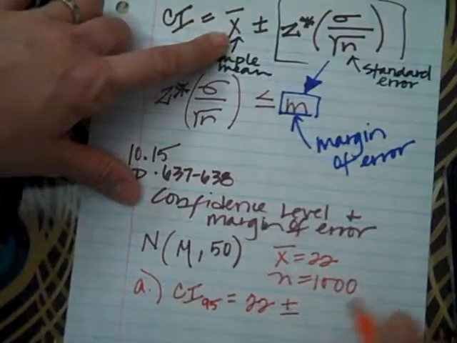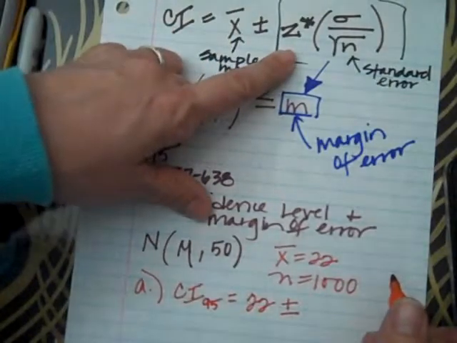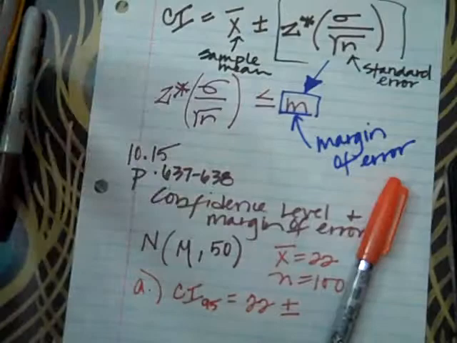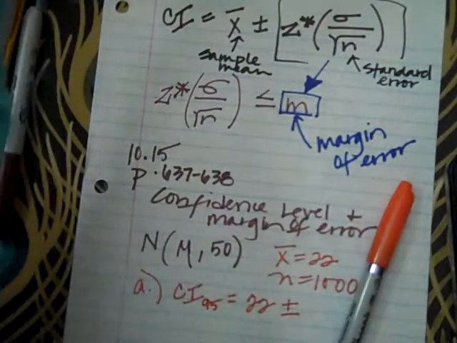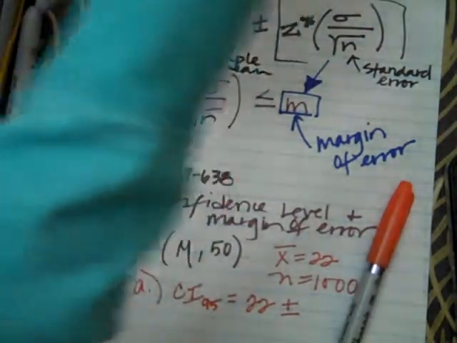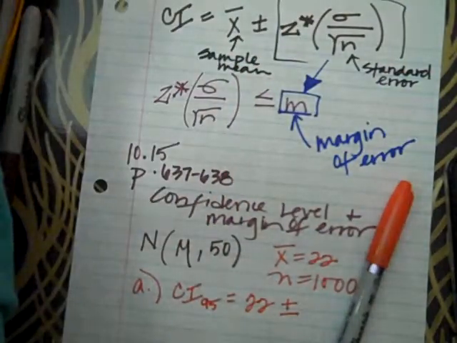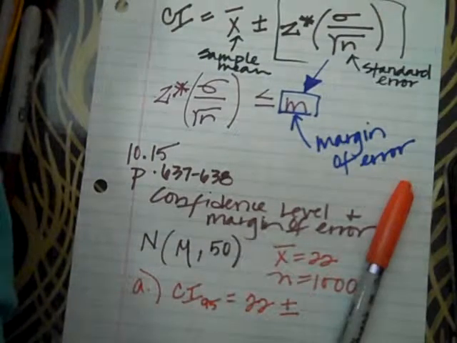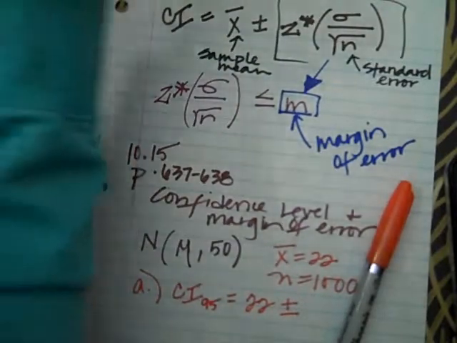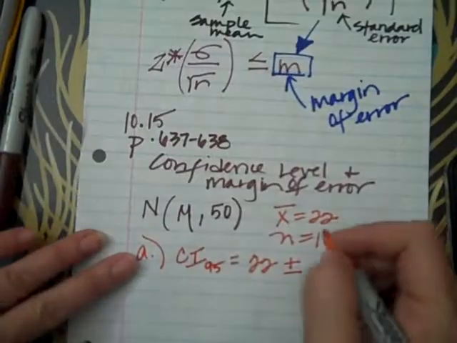And we're going to add and subtract to that the critical value of Z related to 95%. I'm going to go to the back table in my book because the critical values are listed on the bottom of my T table. 1.960 is the critical value of Z.